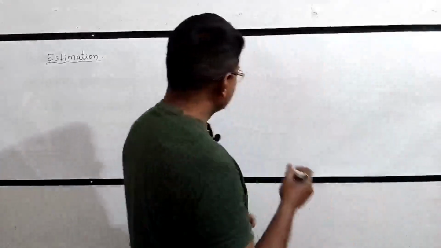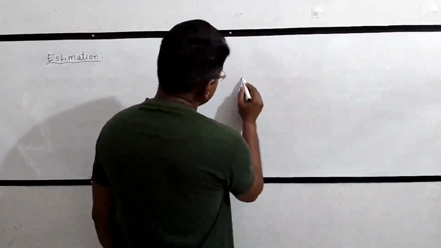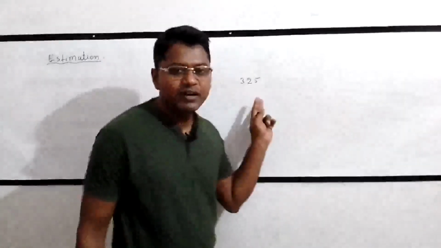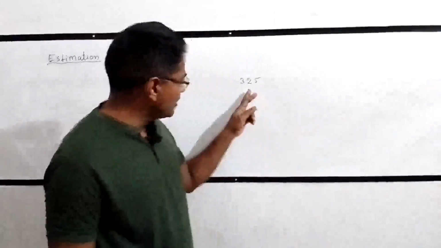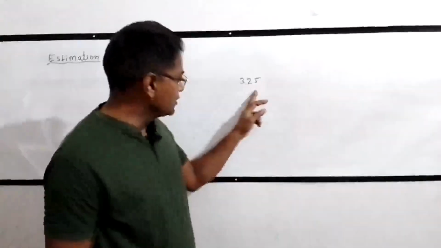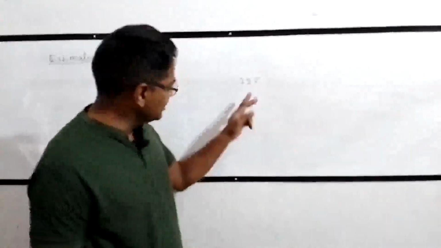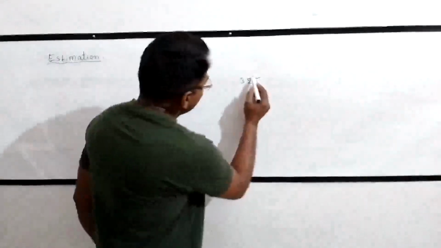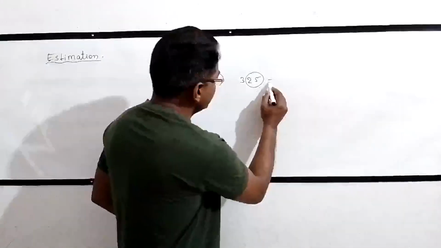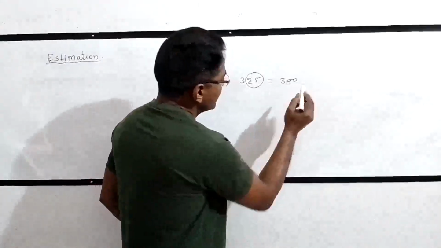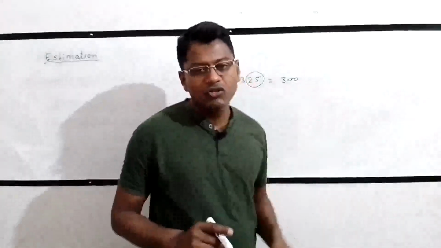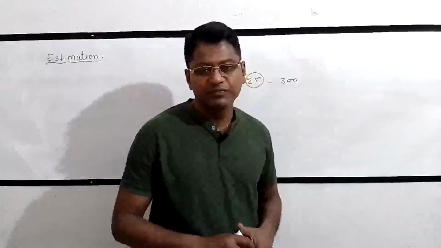For example, suppose 325 is given here, then we have to find the approximate round figure of 325. If we remove this 25, we get a round figure which will be 300. So this round figure is the approximation, which is the estimation.